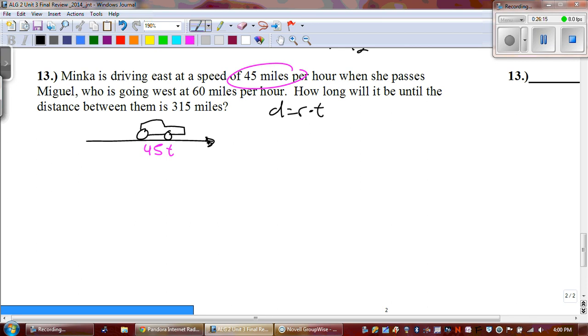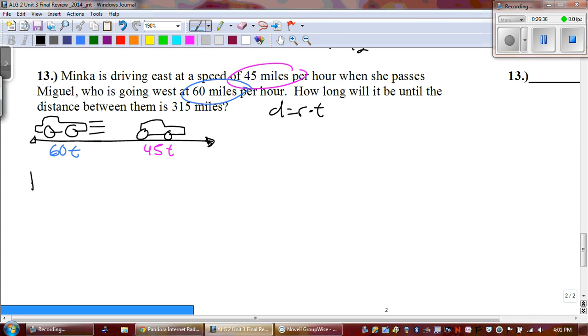But in the other direction, we've got Miguel, and he's going this way. And his speed is 60 miles per hour or 60t.